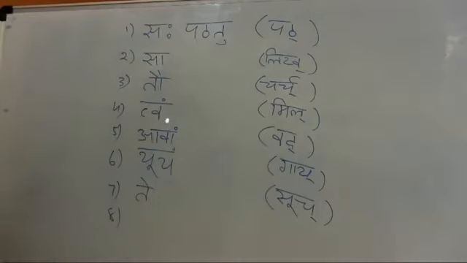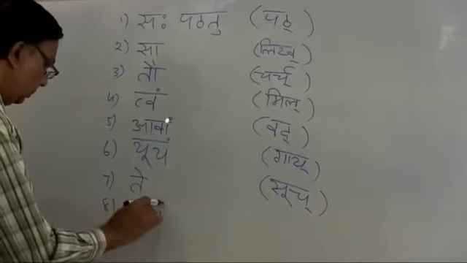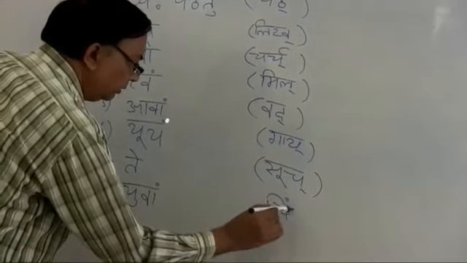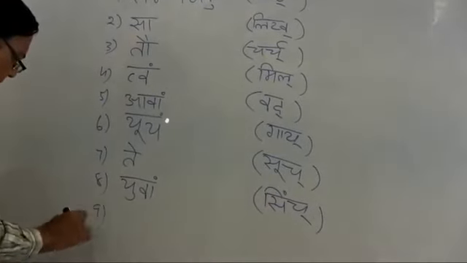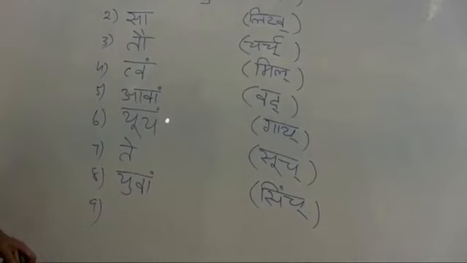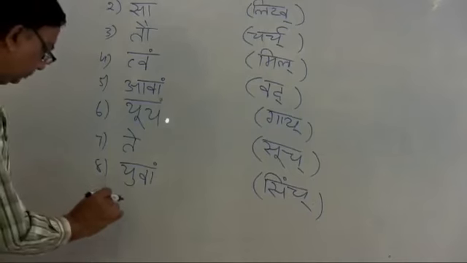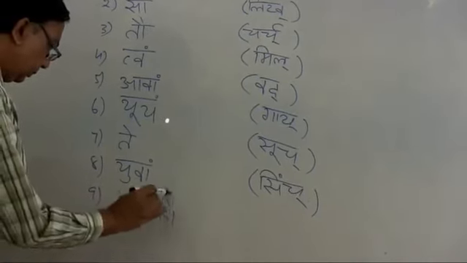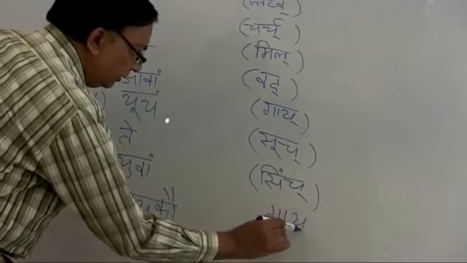The eighth one, Yuvam Sincha. Subject is Yuvam. Sincha is the verb. This can also be written simply with Anuswara, Sincha. And the ninth one, Gayakau, the verb is gaya, to sing.